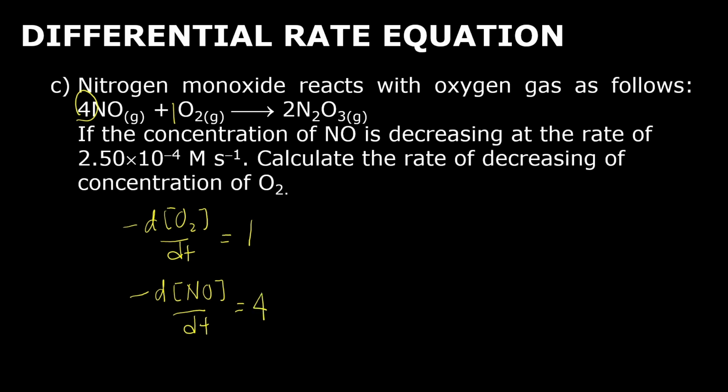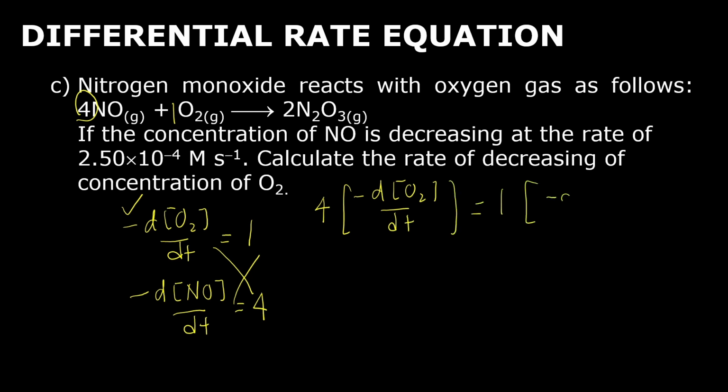And then, to calculate the rate of decreasing in the concentration of oxygen, we can do cross multiplying mathematically. So to give us 4, the rate of decreasing concentration of oxygen equal to 1, the rate of decreasing concentration of nitrogen monoxide. And we want to look for the rate of decreasing concentration of oxygen.